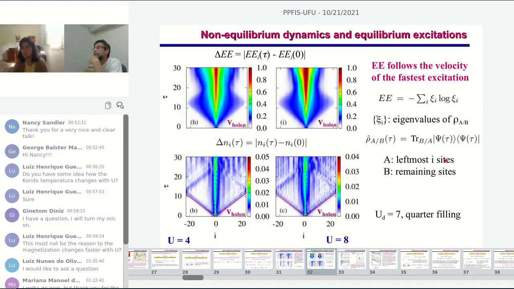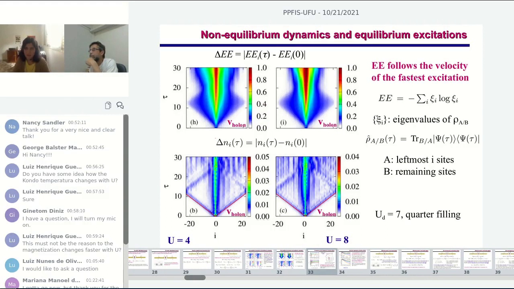So this is the main difference between the two kinds of quantities. And what we can see here is that the light cone for the entanglement entropy is defined by the holon type of excitation, which was faster than the spinon type of excitation, as I showed you in the previous slide.